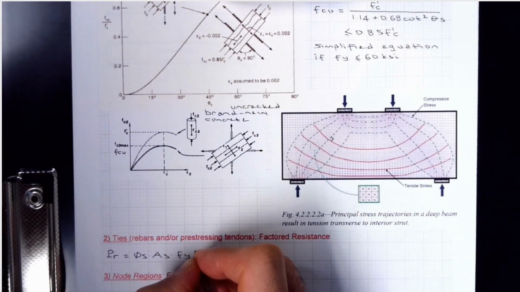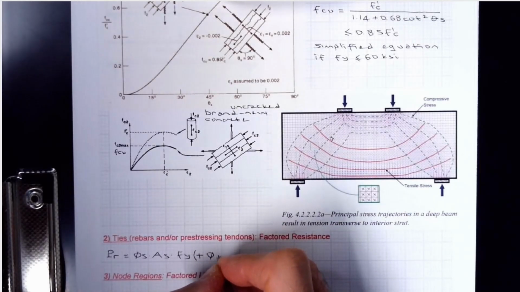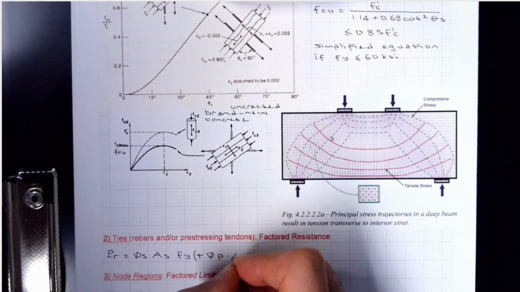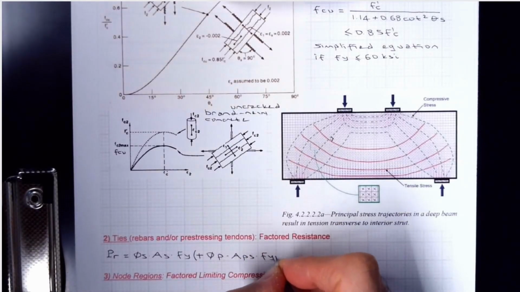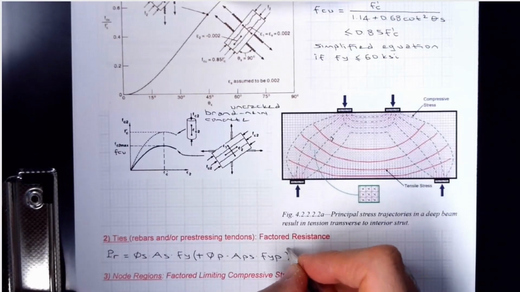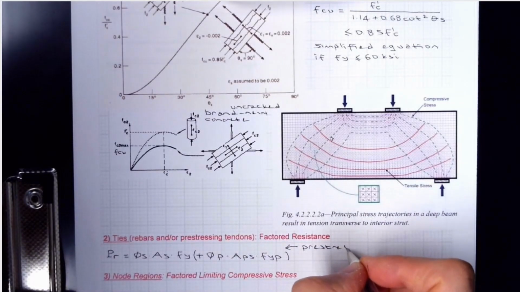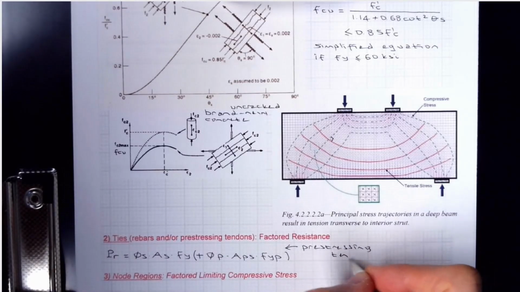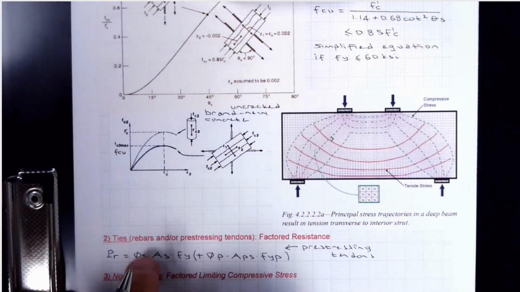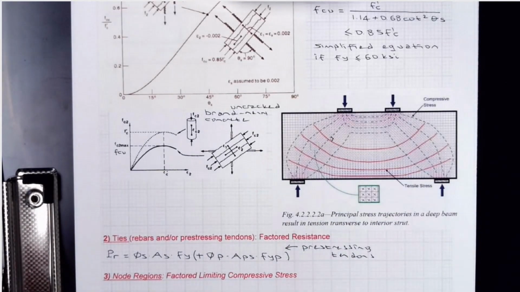But of course you can always add tendons if you have pre-stressing, phi p times Aps fyp. So this is additional for pre-stressing tendons. But other terms are pretty self-explanatory.